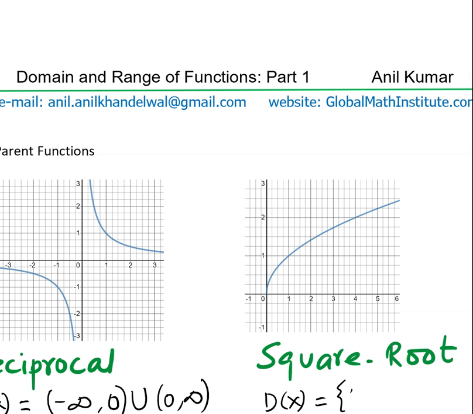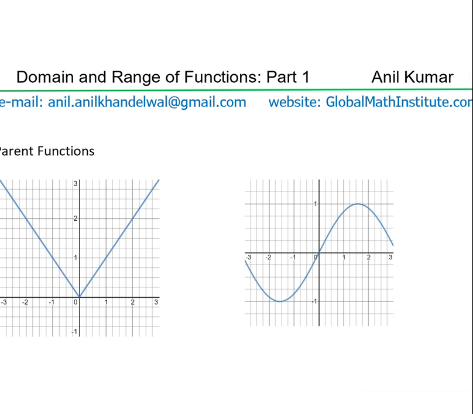So domain for this is x belongs to real numbers where x is greater than or equal to 0. The value of 0 is included. As far as the range is concerned, that also belongs to real numbers, and y is also greater than or equal to 0.